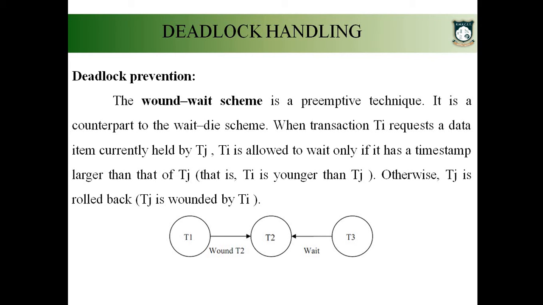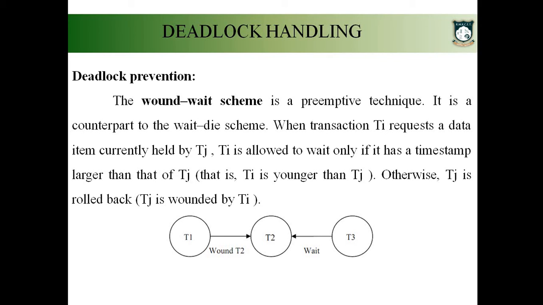Okay, is it clear? So T1 is requesting a data item presently held by T2. Presently it is locked by another transaction, T2. Now we are comparing the timestamp values. When we compare, we find that the requesting transaction's timestamp value is lesser than the already locked transaction. So what we do is make T2 roll back.